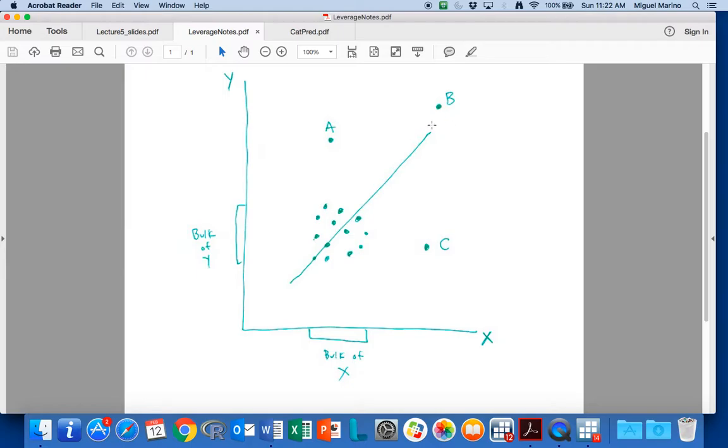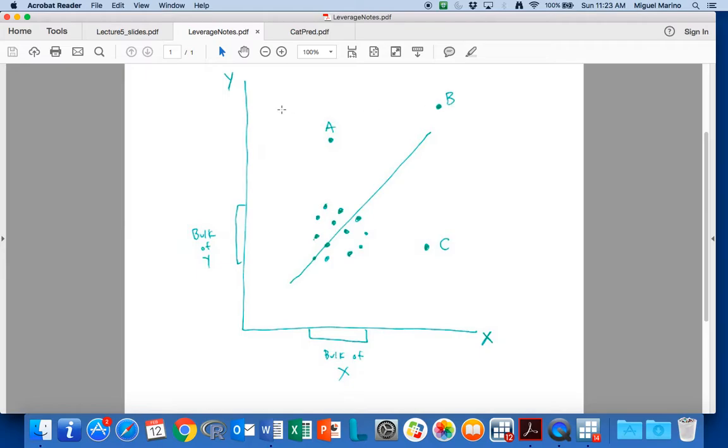So in this scenario, I would say that an outlier outside of the bulk of X and outside of the bulk of Y won't be problematic if it's close to this regression line. This type of outlier doesn't impact much, but I would still consider doing a sensitivity analysis and removing them, because you could potentially think of B here.